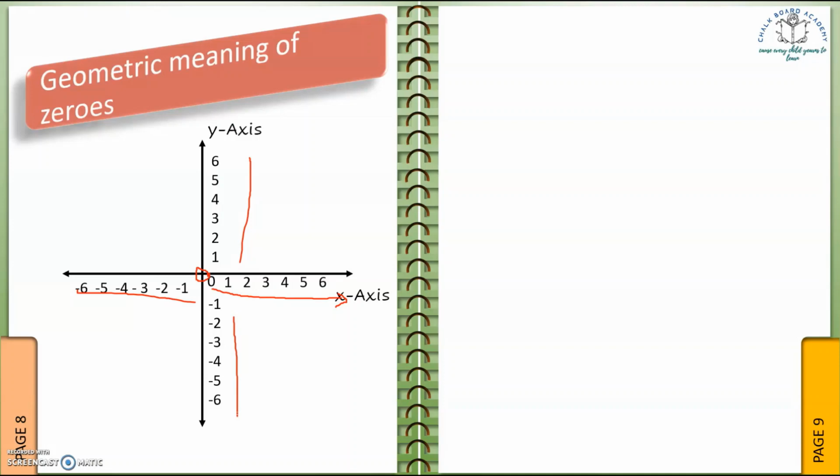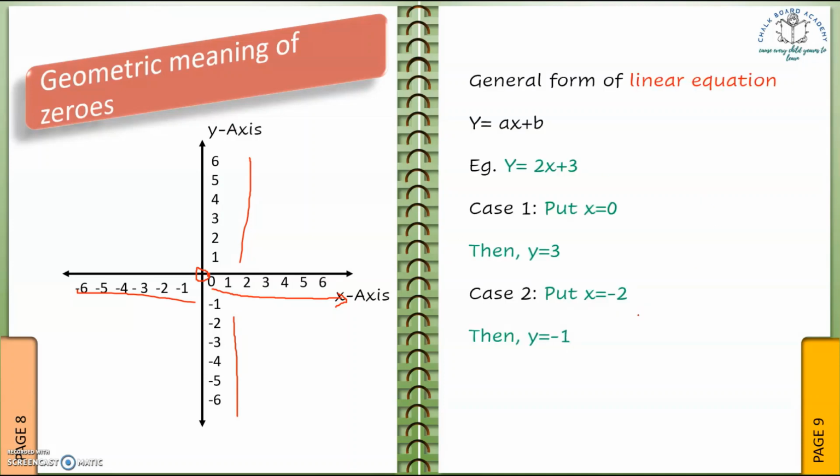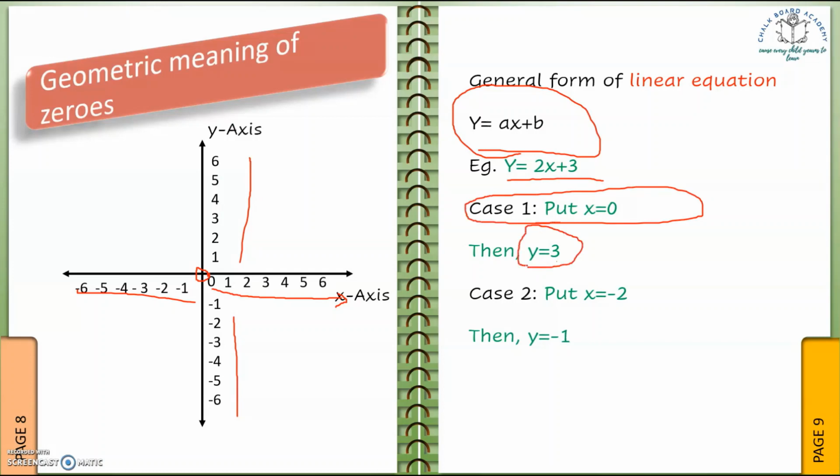So first we will start with a linear equation. So we have this linear equation which is denoted by y is equal to ax plus b. So we have taken this example, y is equal to 2x plus 3. So first case, we have put the value of x is equal to 0. So we got the answer of y as 3.